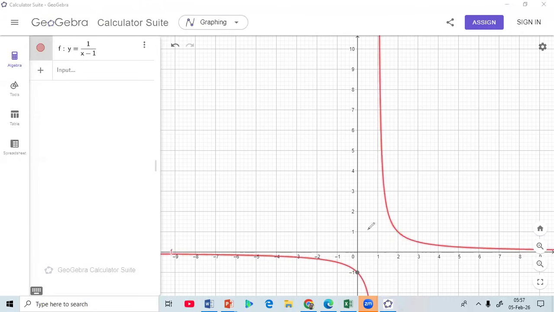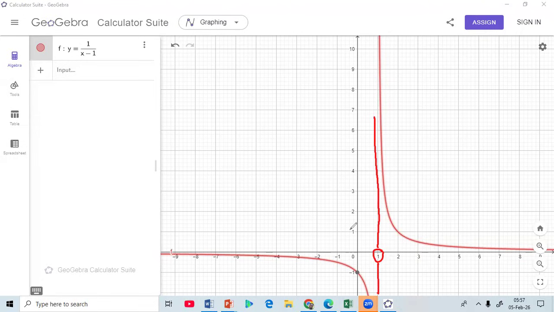Here, you notice that at the point 1, there is no corresponding value for y for the curve. And here, even down, there is no corresponding value for y. And that's what we call the asymptote. So it means that your curve does not touch that point. So that's when we say that at that point, the curve is meaningless. It does not make sense.